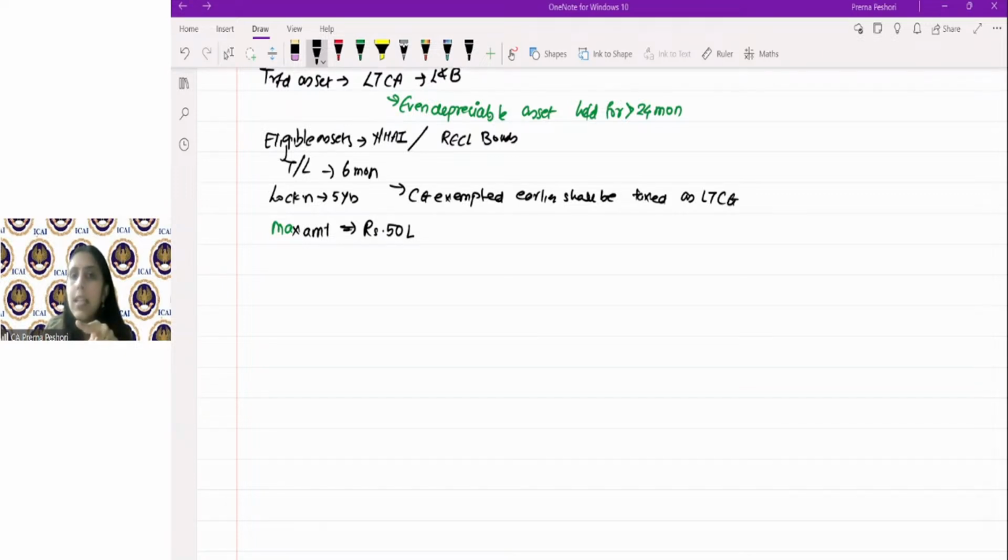The court in that case held that where the assessee has made the payment within the 6-month period and the receipt has been received by the assessee, the exemption under 54 EC cannot be denied just because the bonds were issued after the expiry of the 6-month period. Because the assessee is not at fault. The fault is because there has been some procedural lapse on the part of issuing the bonds. The assessee has very well made the payment within the time limit, and therefore the exemption will not be denied.